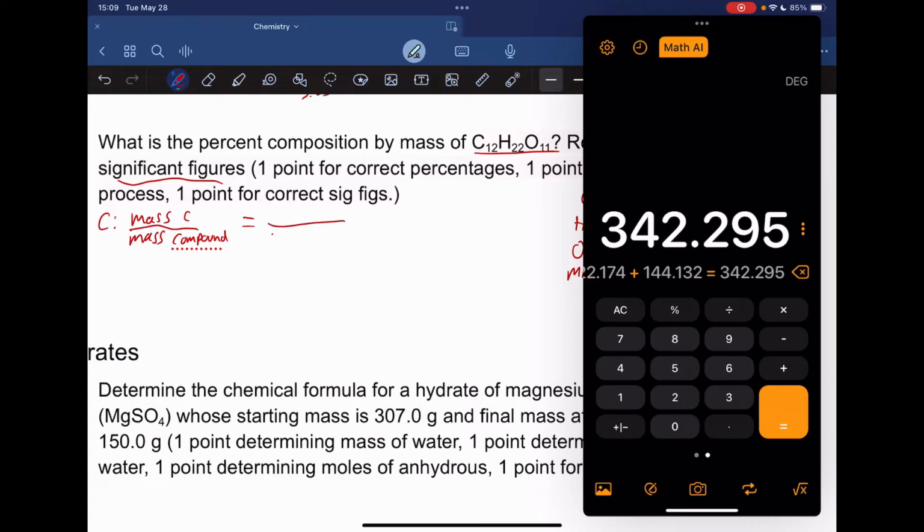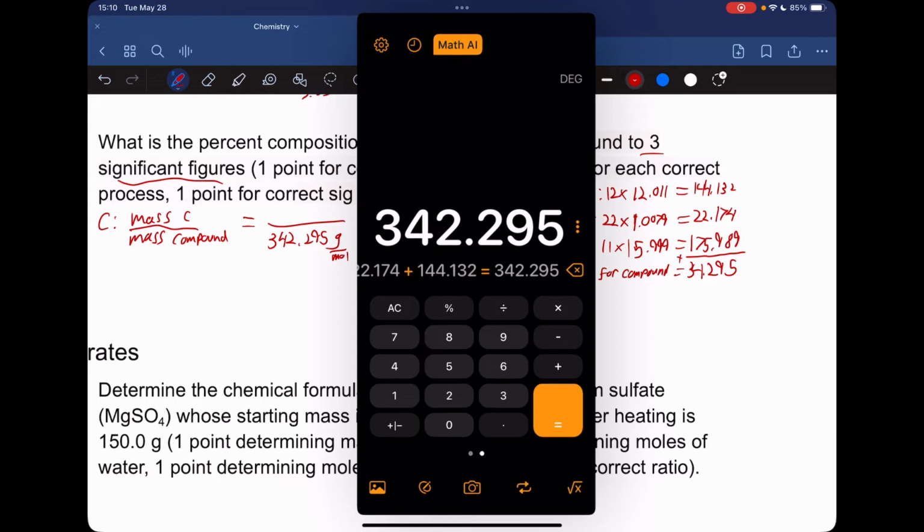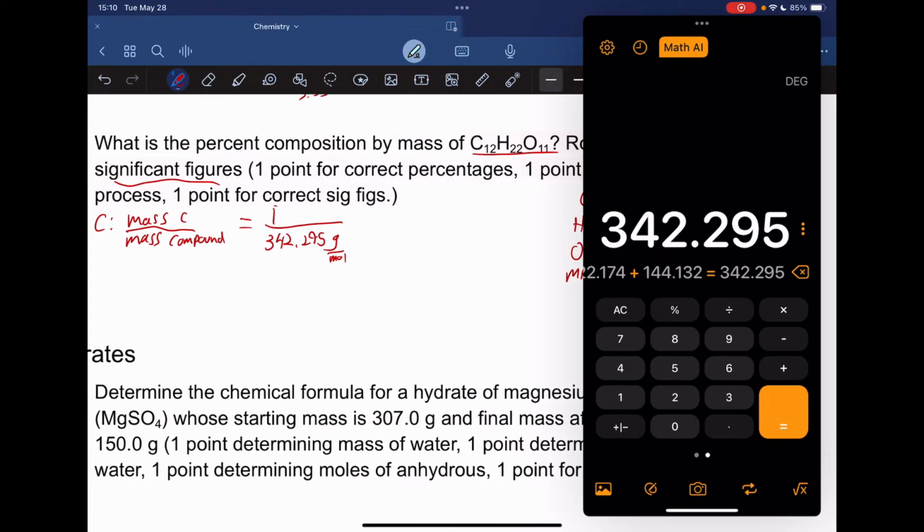So we're going to put this over 342.295, and that's grams per mole, because we found it as the molar mass. And the top is the mass of carbon, which is 144.132. Now, we said this was going to be a percent composition by mass, so we need to do that final step of multiplying by 100%, which is just moving the decimal over 2 places. I never actually type in times 100 in my calculator. I just move the decimal 2 spaces over.